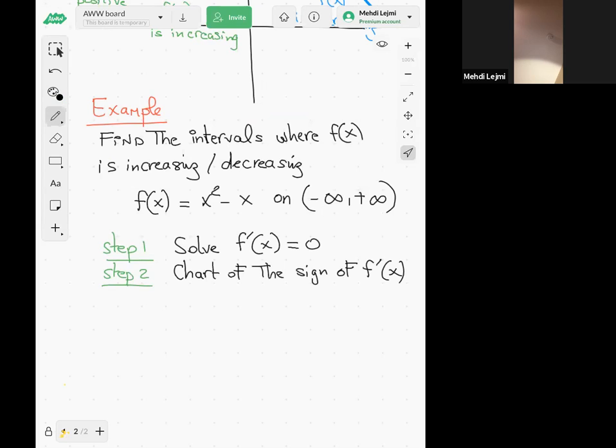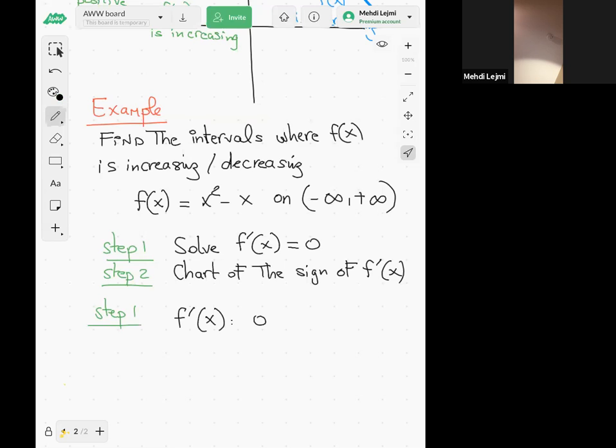On the intervals where the derivative is positive, the function is increasing, and where the derivative is negative, the function is decreasing. So for step one, I'm going to solve f prime of x equal to 0.